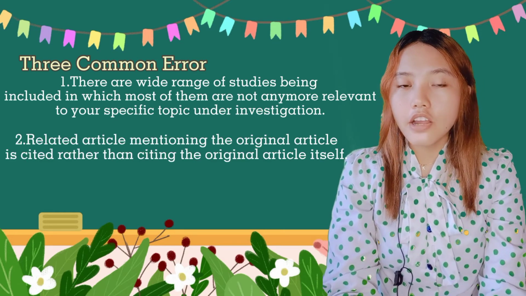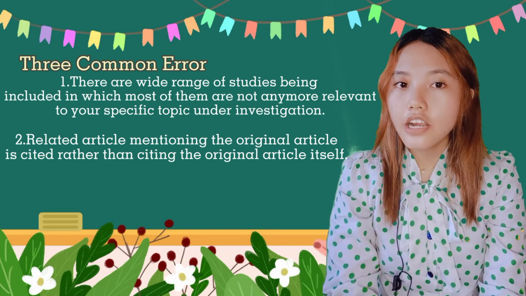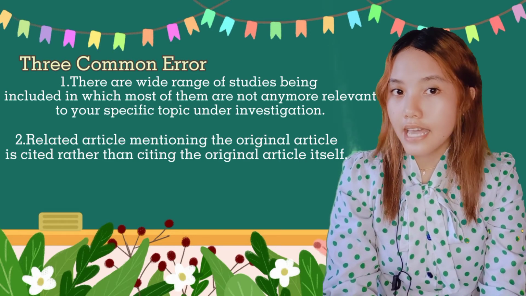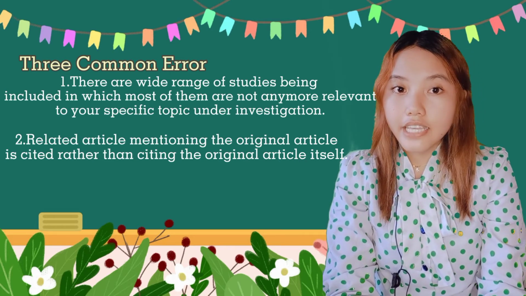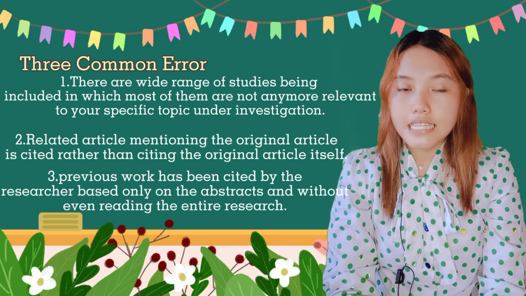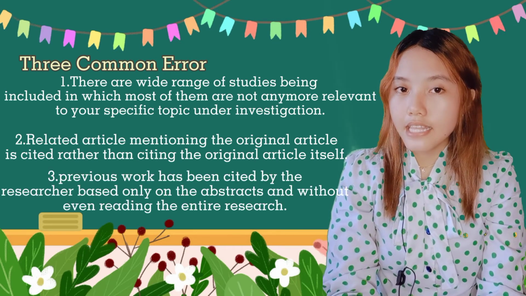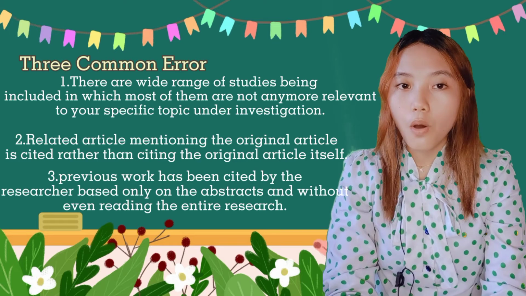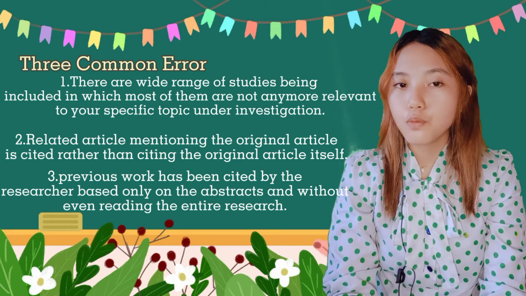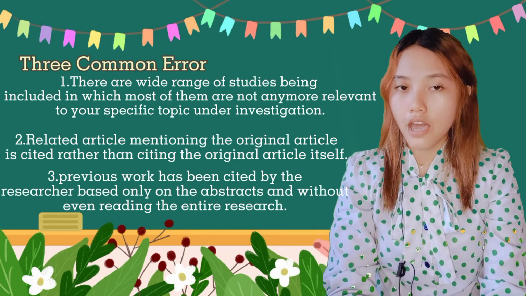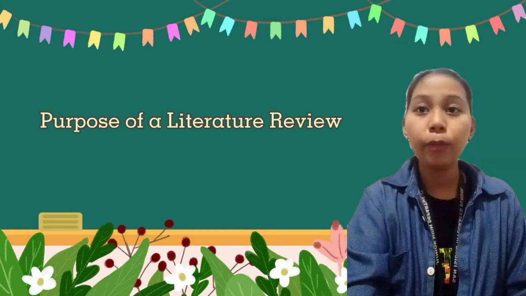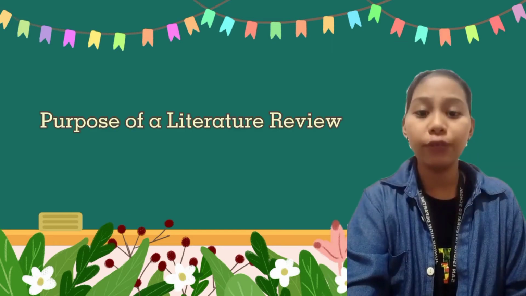Second, a related article mentioning the original article is cited rather than citing the original article itself. Lastly, previous work has been cited by the researcher based only on the abstracts and without even reading the entire research.